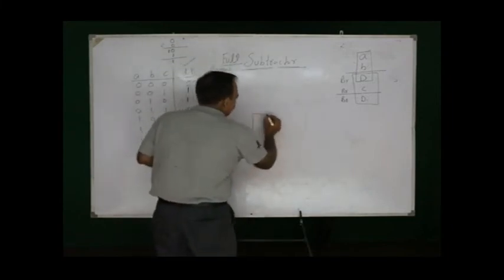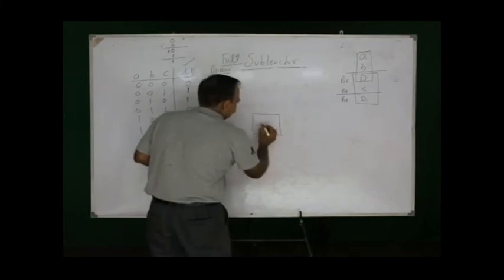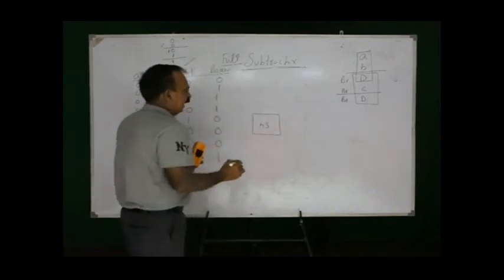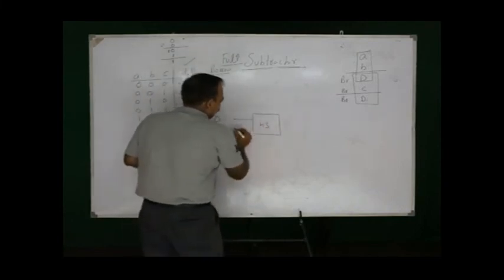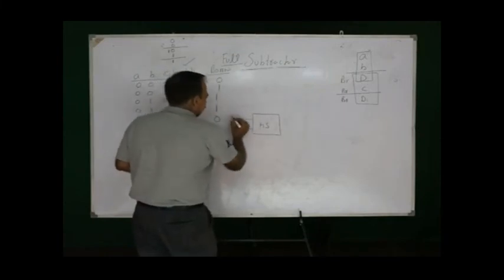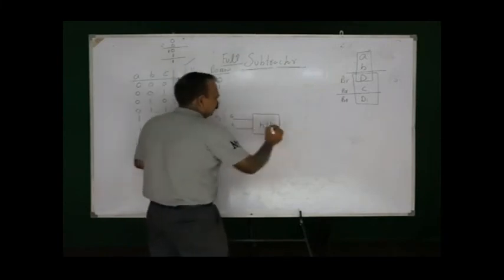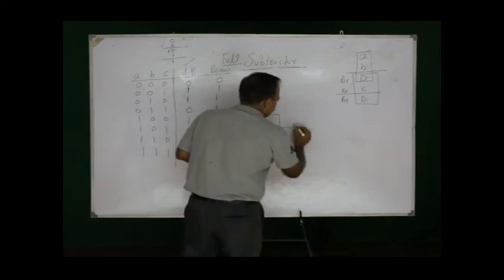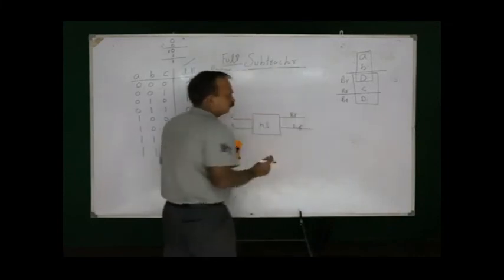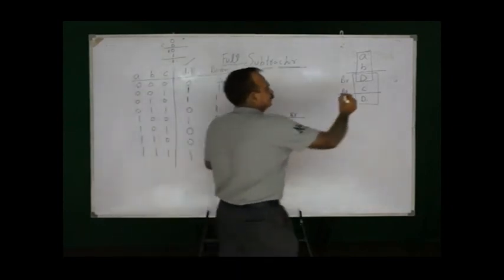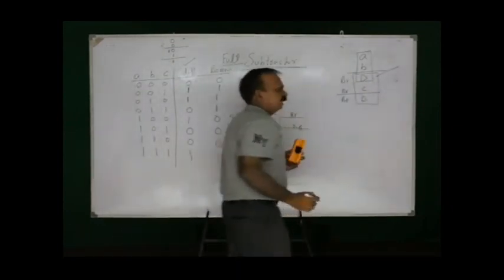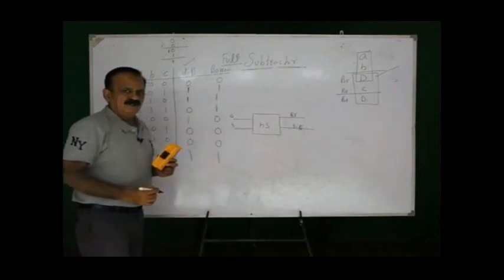Let this be the half subtractor which I am using, and the operation is a minus b. There will be difference, and positively there can be borrow also, right. So up to this operation a minus b, I am there with difference and with the borrow.